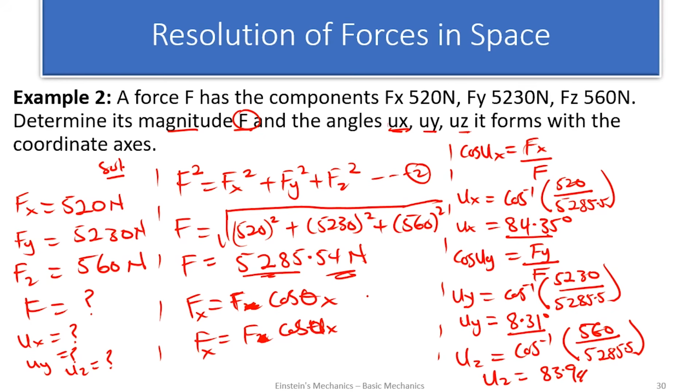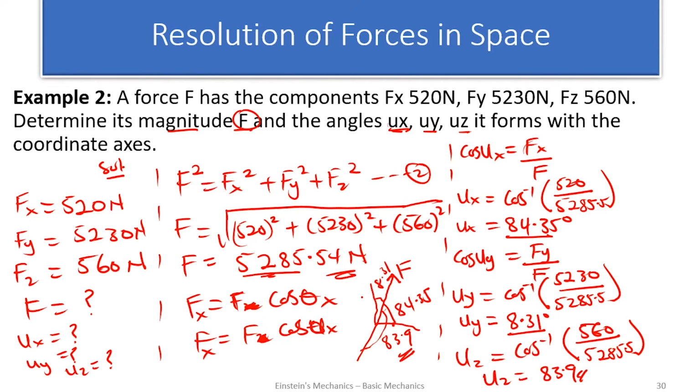So if I'm drawing it something like that, this is my axis, and this will be the force, the magnitude F. And the angle between the X was 84.35. You can see that on the Y is too small, 8.31. And with the Z, it's also 83.9. And we are good to go. Any question, let us know in the comment section.